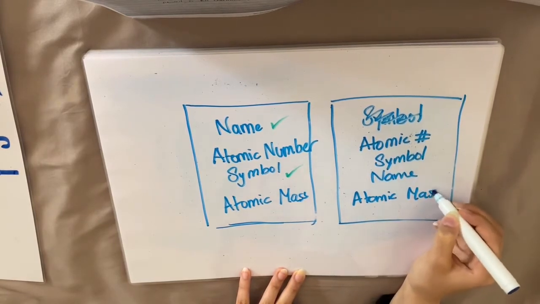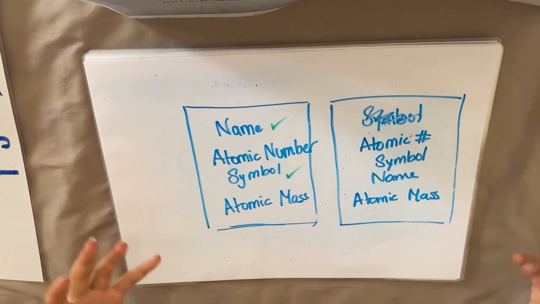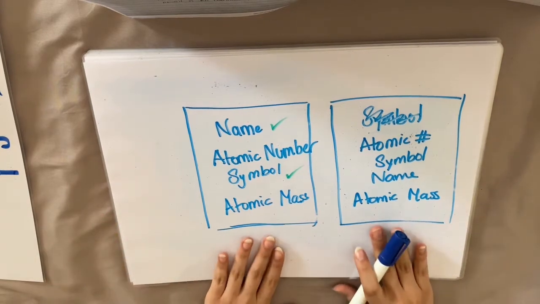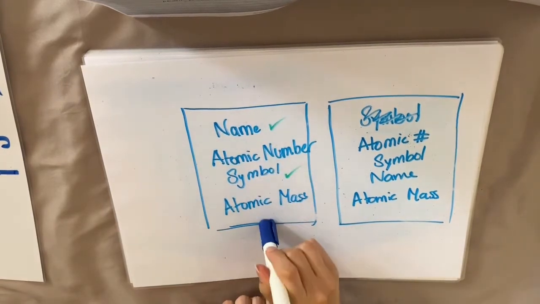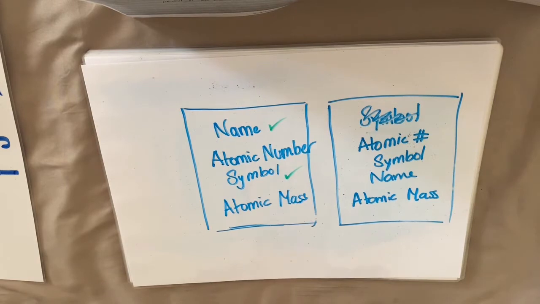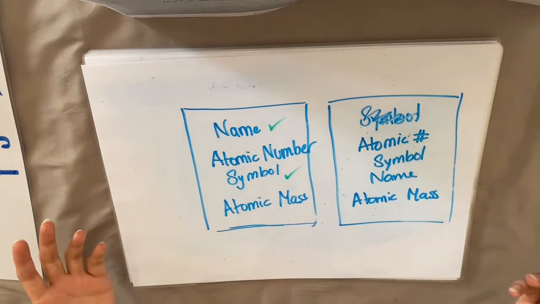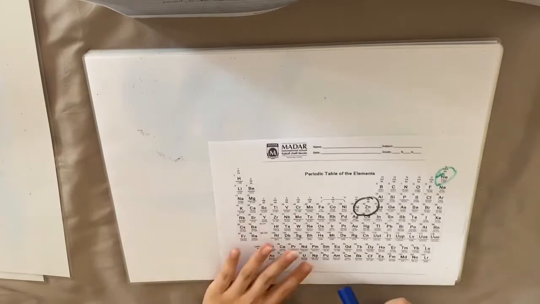So, whenever you want to know how to read a periodic table, these are the two arrangements that you have. Simply name, atomic number, symbol, mass, or atomic number, symbol, name, atomic mass. So what are atomic mass and atomic number? We're going to get to know them. Just wait. So here's our periodic table.